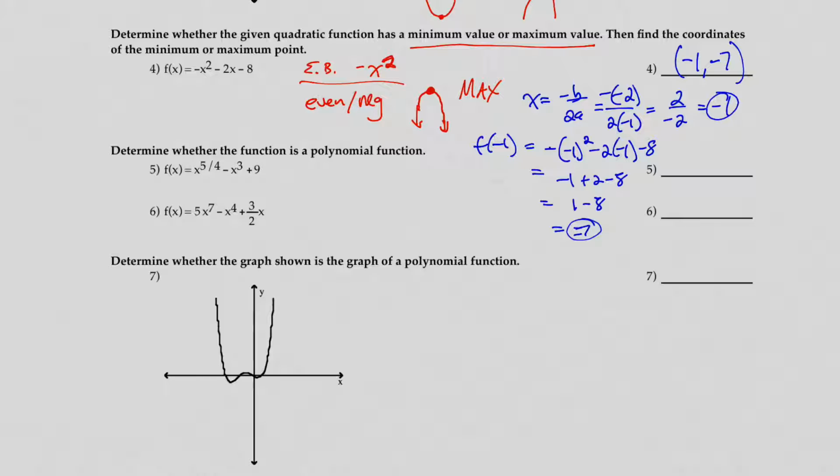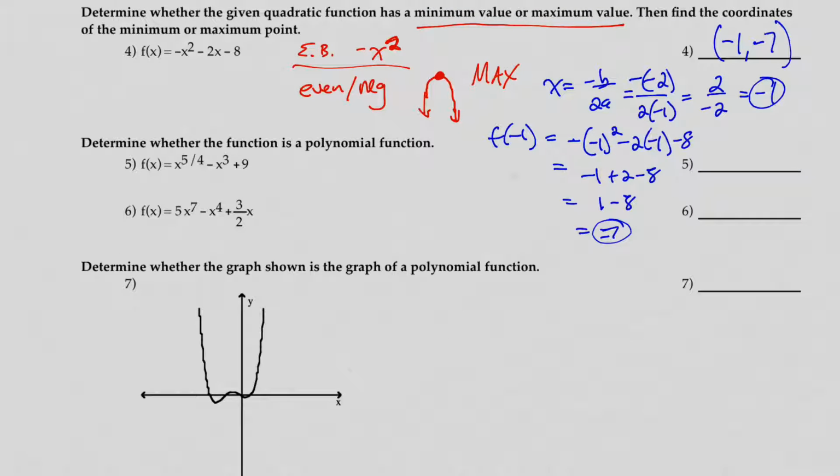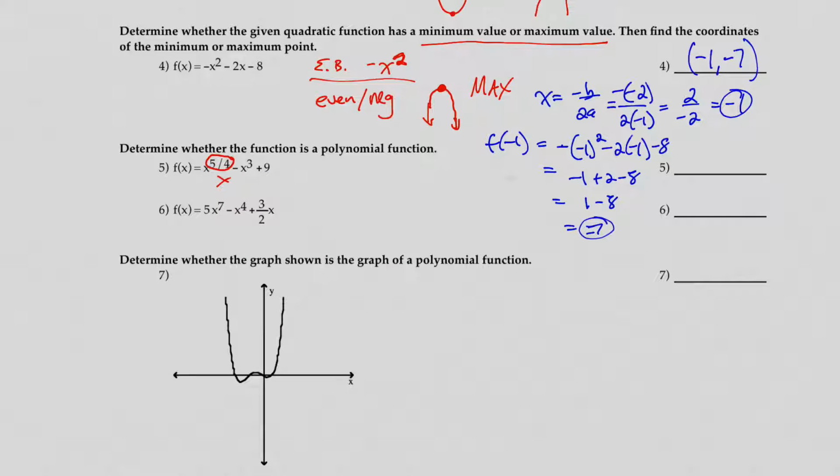So number 5 and 6, and 7 and 8, we're going to answer yes or no. Determine whether the function is a polynomial function. Having a fraction as a power tells us that that's not going to be a polynomial.